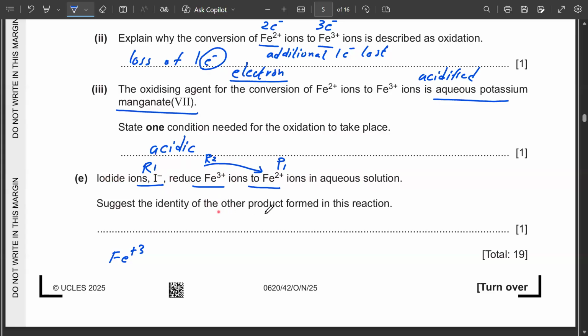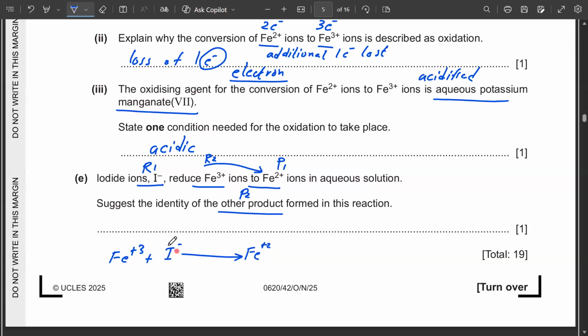We are supposed to tell the other product. So we write the equation: iron 3 plus reacts with the iodide ion, and one of the products is already mentioned, which is iron 2 plus ion. We need to understand what could be the other product.